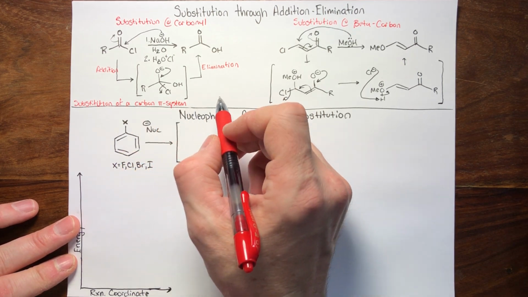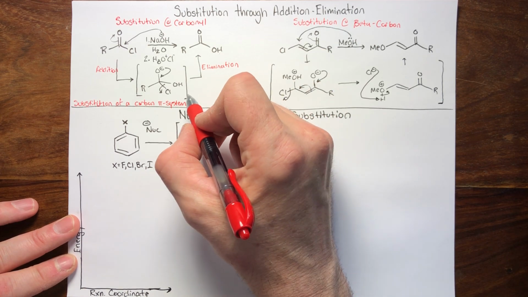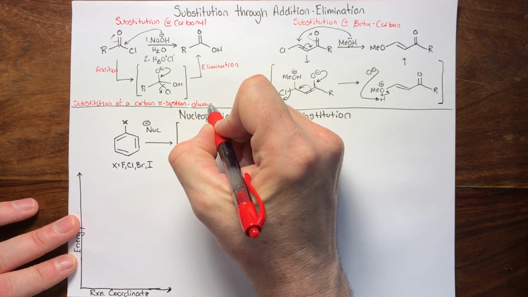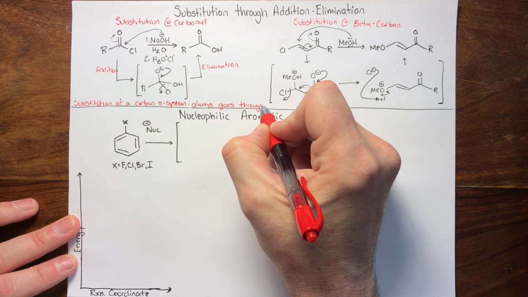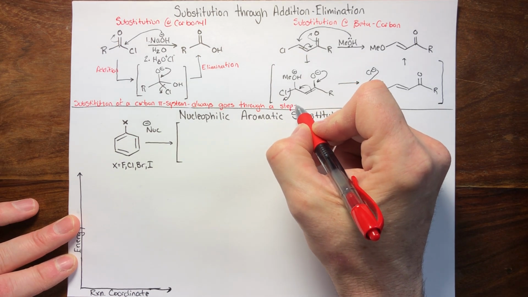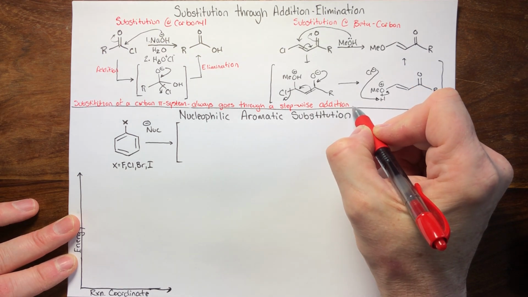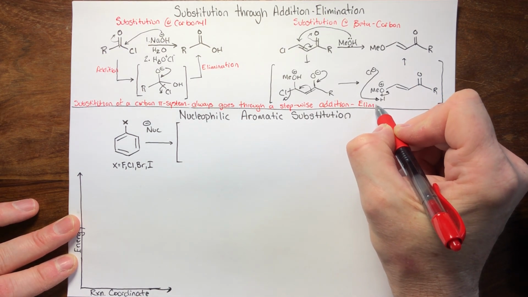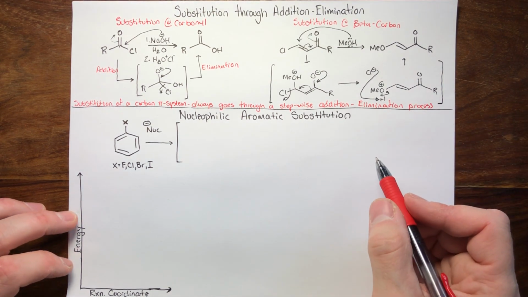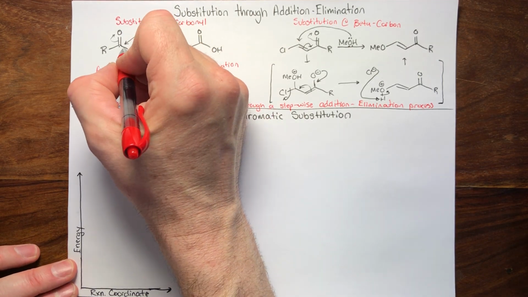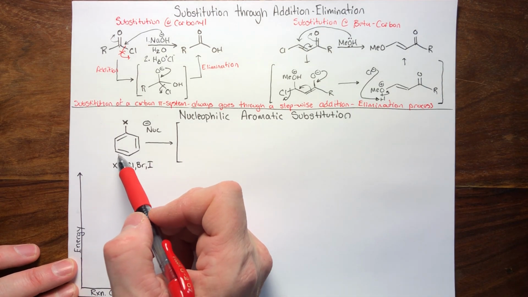Substitution at a carbon pi system always must go through an addition followed by an elimination. So we can't add this hydroxide and kick out the chloride directly. We need to form the tetrahedral intermediate.